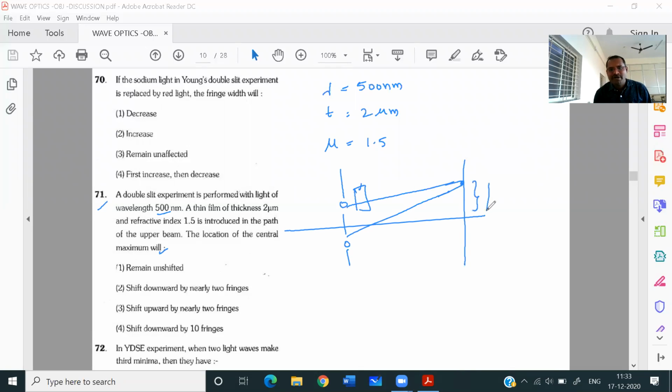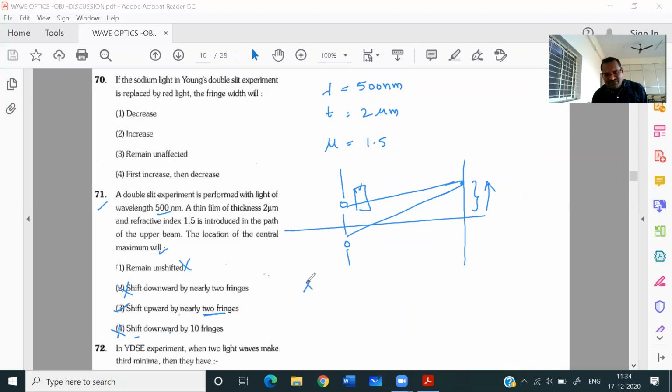Remains same, wrong. Shift downward, wrong. Shift upward, yes, and nearly 2 fringes is given. If the fourth option were also shift upward 4 fringes, then you would get confused. What answer you have to find?